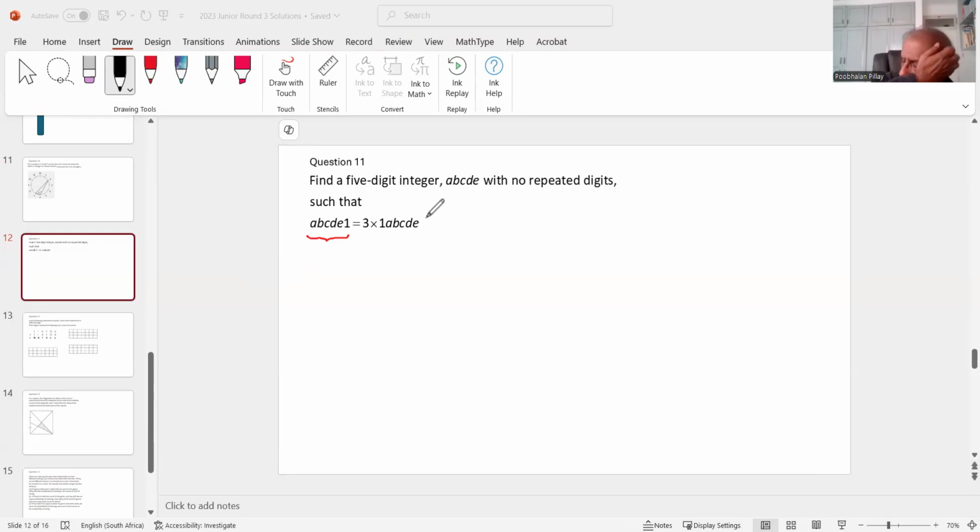It looks very complicated because you've got 5 unknowns. But you can solve this problem beautifully by saying you actually don't have 5 unknowns. You've got only 1 unknown, this 5-digit number.